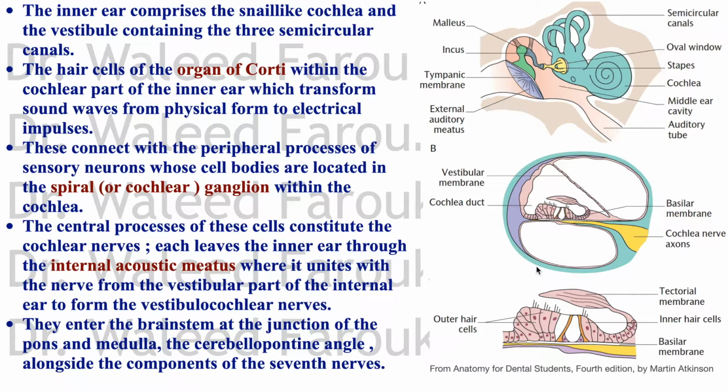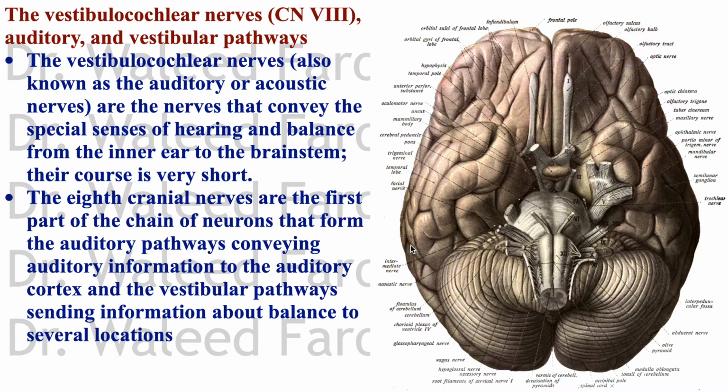They enter the brainstem at the junction of the pons and medulla in a region called the cerebellopontine angle, alongside the components of the seventh nerve. We can look at this here. This is the vestibulocochlear nerve with the nervus intermedius and the seventh cranial nerve just medial to it.